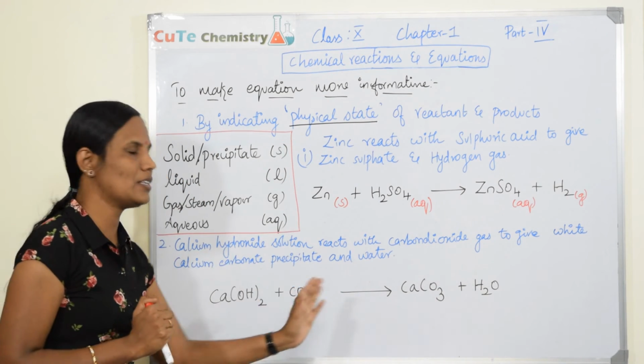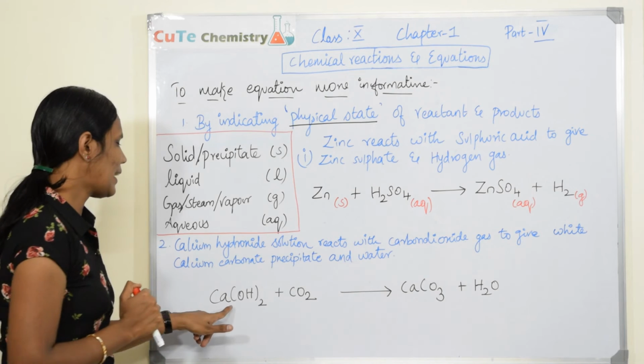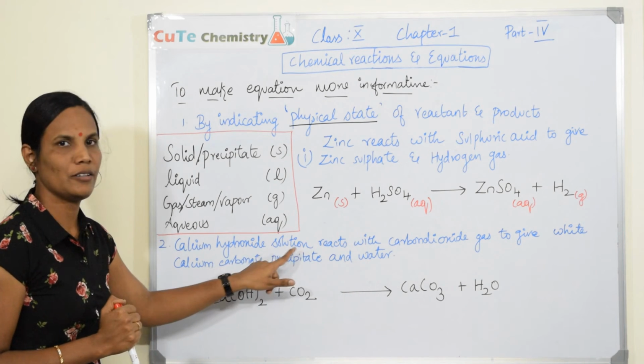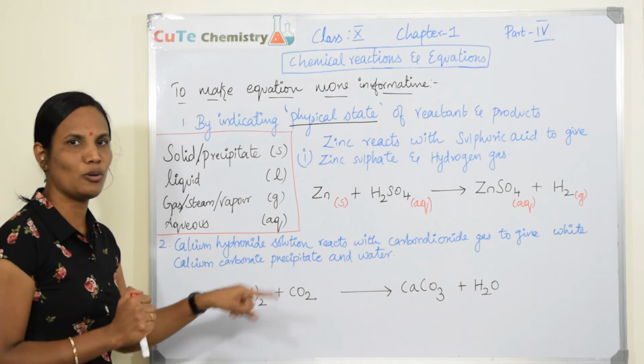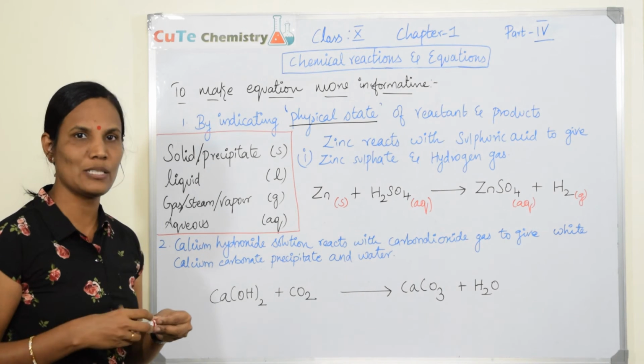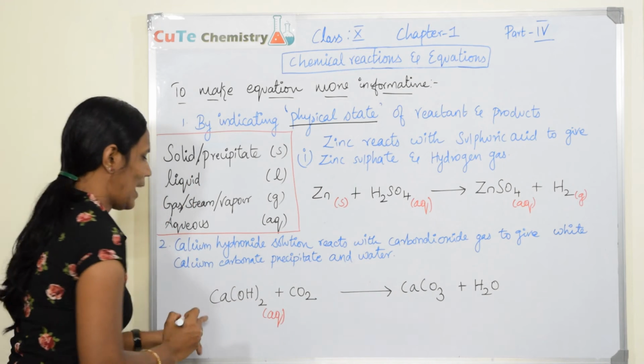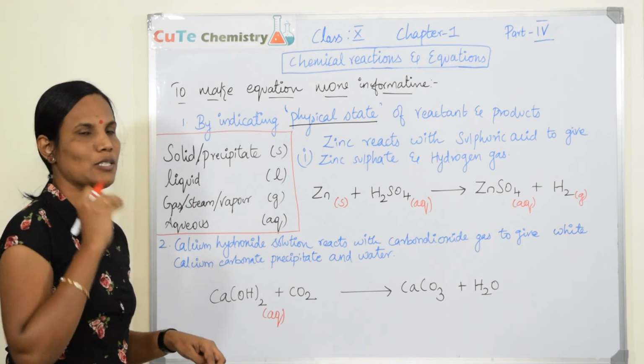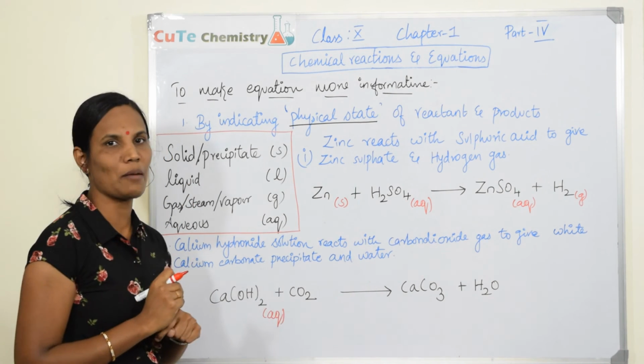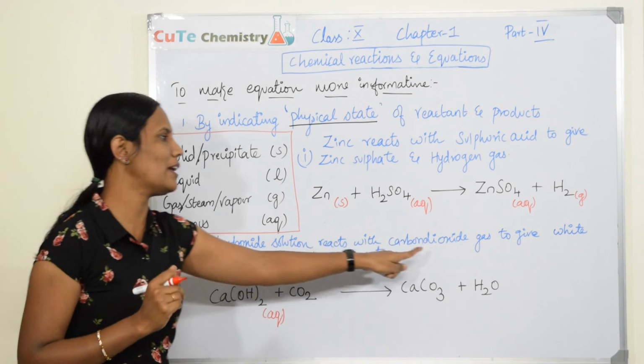Now we'll mention the states of this reaction. Calcium hydroxide solution. Do you notice solution? Solution means it will be in aqueous form. So aq. So calcium hydroxide will be in aqueous form. And then here we have carbon dioxide. Of course we know carbon dioxide is a gas.